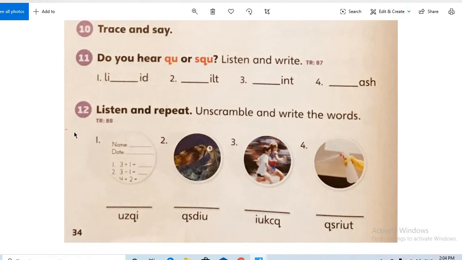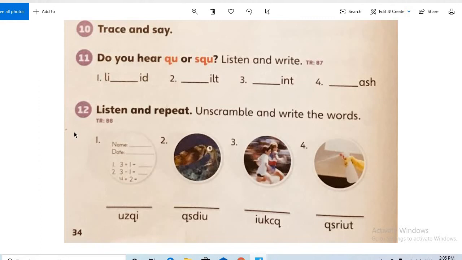Very quickly, let's go to activity 12. You are going to listen and repeat, and you are going to unscramble the words and write. Now listen. Activity 12. Listen and repeat.